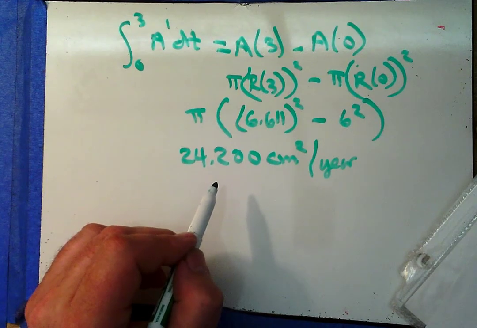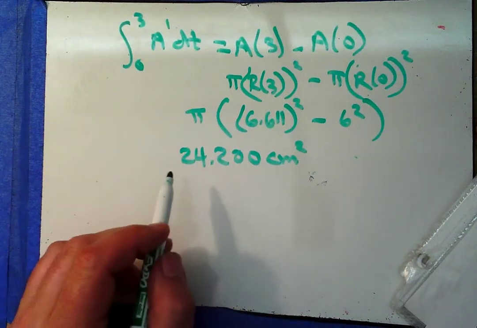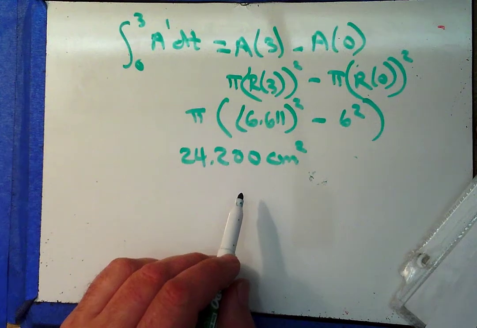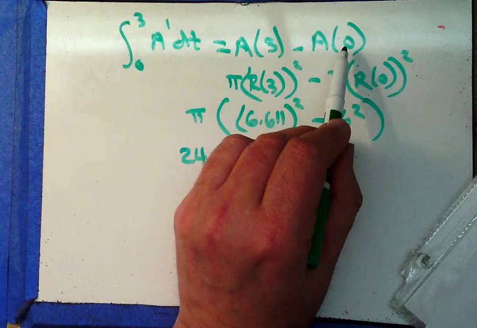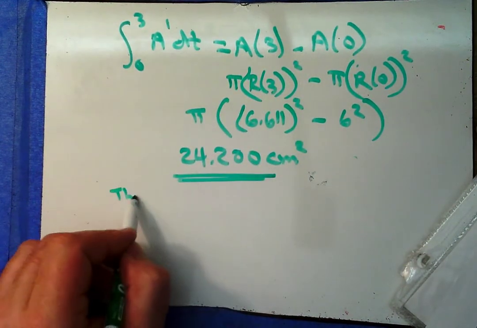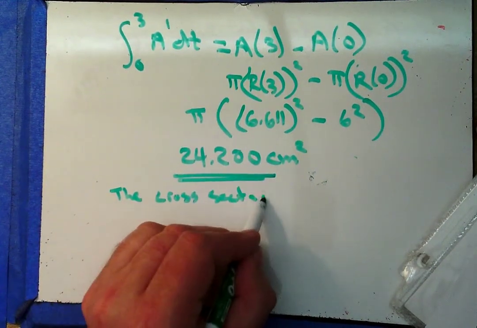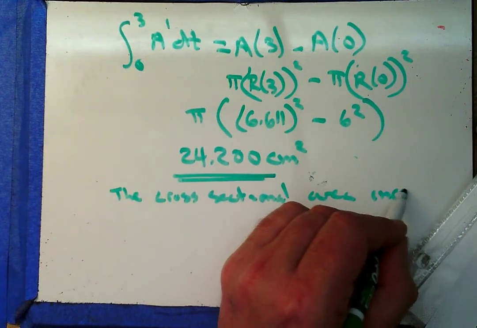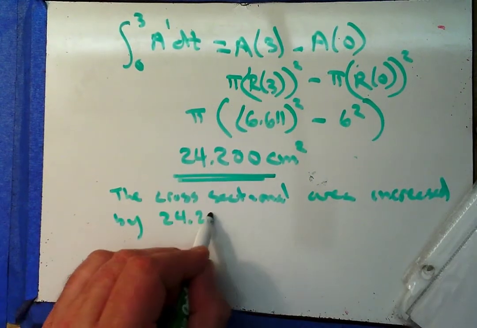Wait, centimeters squared per year? No. Centimeters squared. It wants me to use appropriate units to interpret the meaning of this cross-sectional area. This is the change in area from time equal to 0 to time equal to 3. The cross-sectional area increased by 24.200.